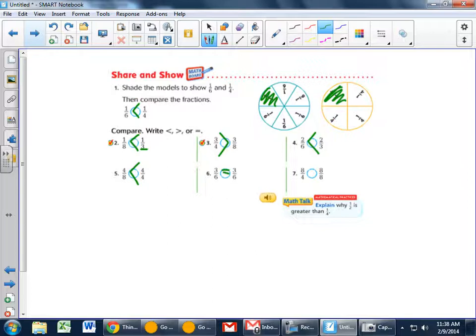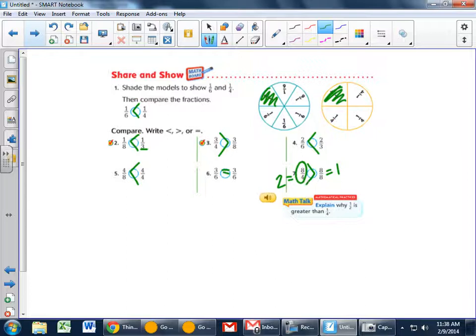And this one they're going to try to make you think. Remember what I said about any number being over itself is equal to 1. I believe this was in our introduction lesson. We talked about improper fractions, the numerator being bigger than the denominator. And if you know your math facts, you automatically know that 8 is twice as big as 4. So this is actually equal to the whole number of 2.